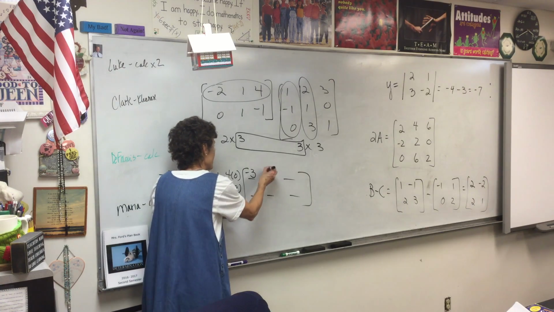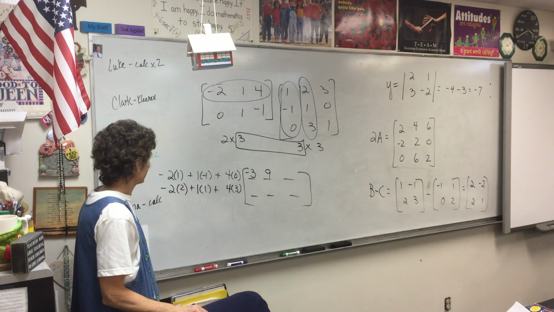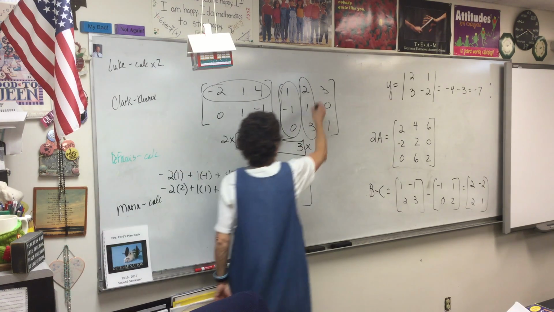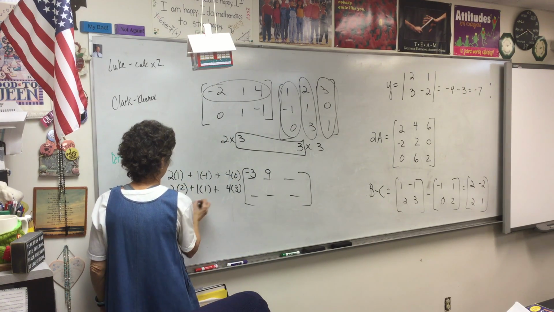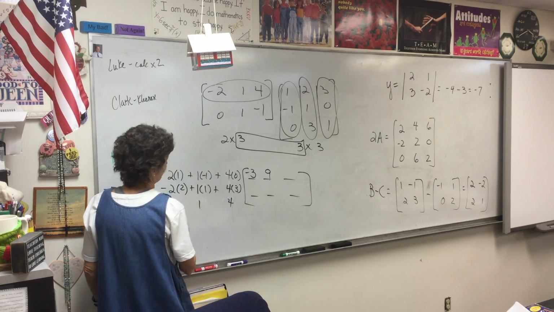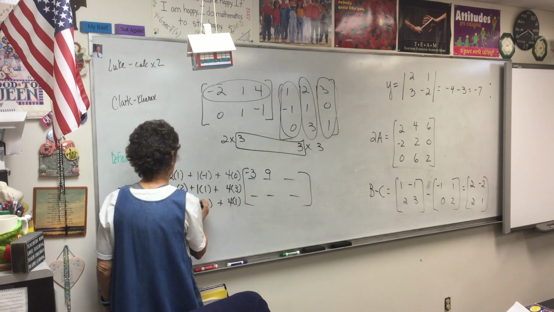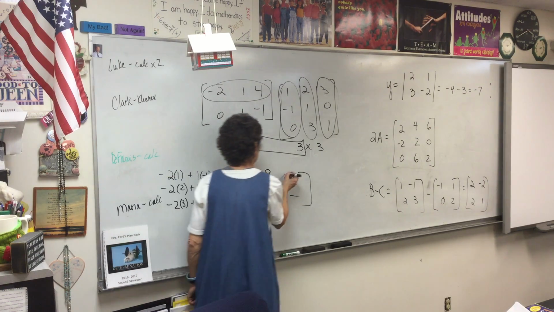And 12, I got 9? Is 9 right? Yep. And then top row, last column. Negative 2.